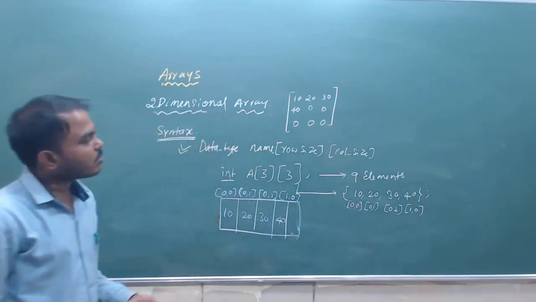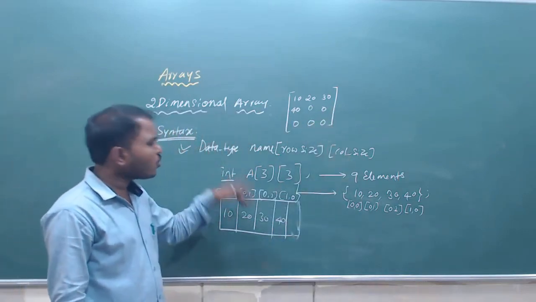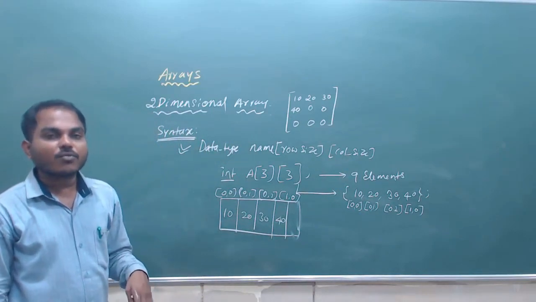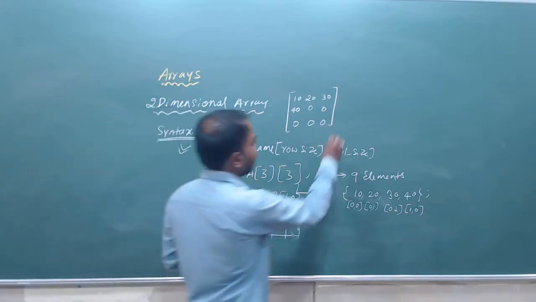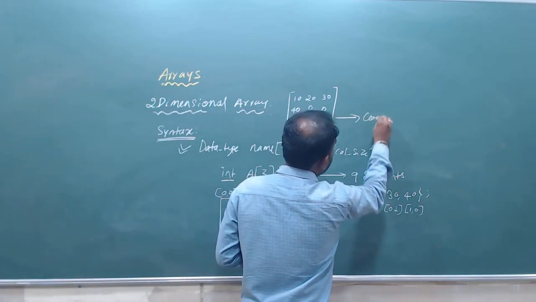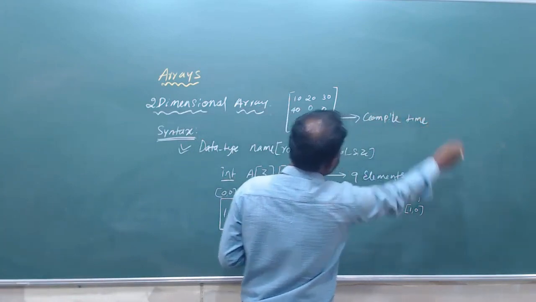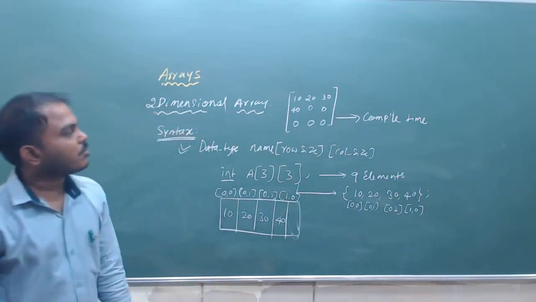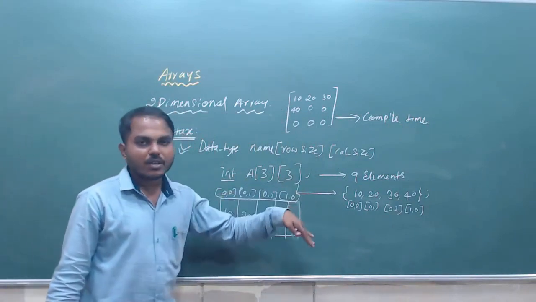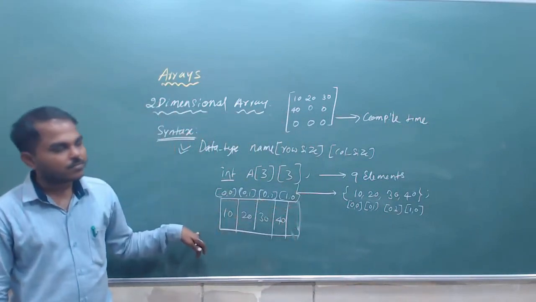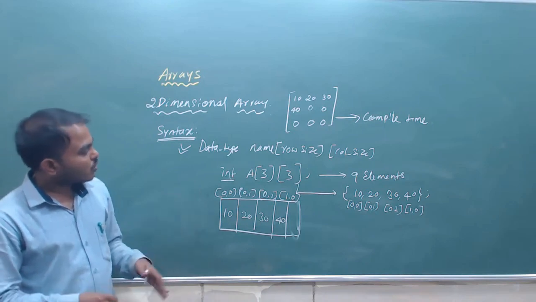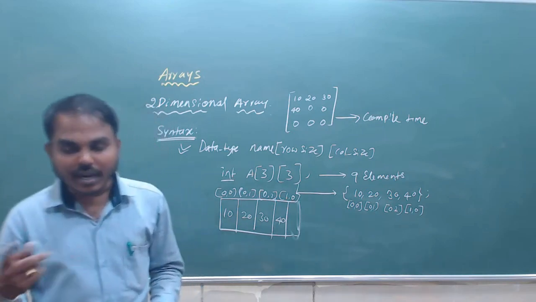Okay, so this is the representation of a two-dimensional array in what form? In compile time. So whenever you want to display in the form of compile time, you can use these formats, right? Okay. So how to use the same thing in runtime?